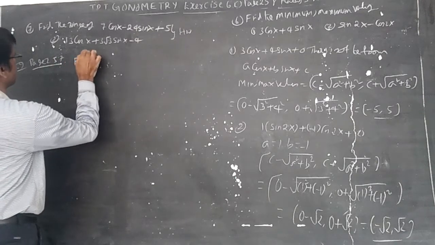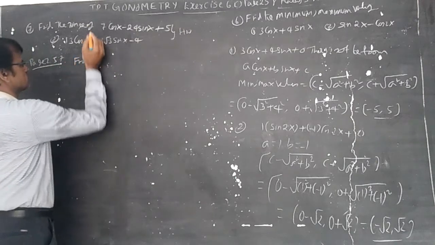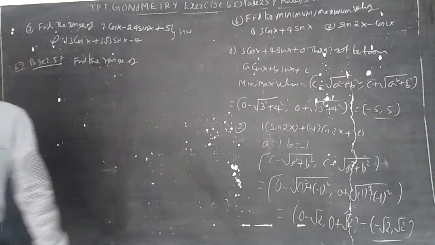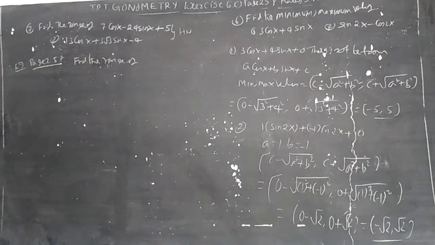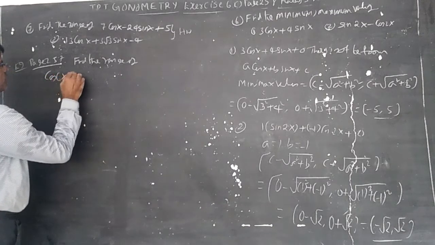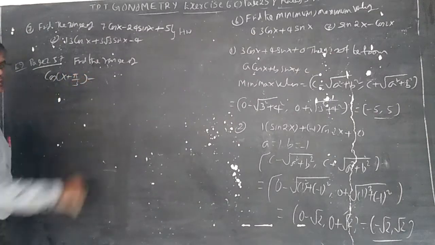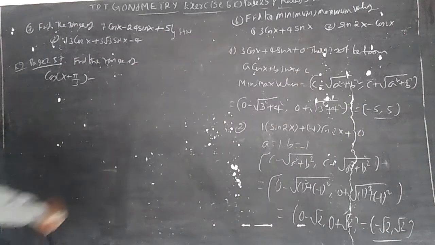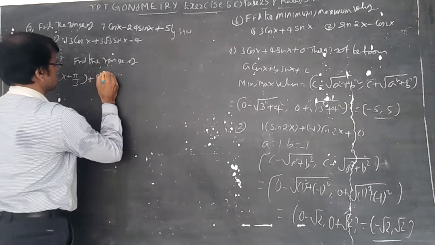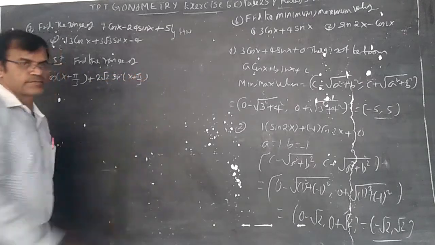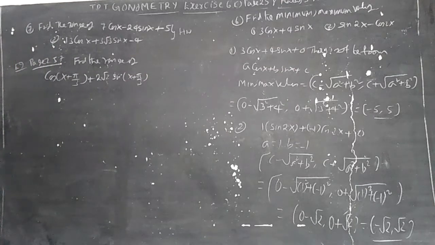Find the range of cos of x plus pi by 3 plus 2 root 2 sin of x plus pi by 3 minus 3.